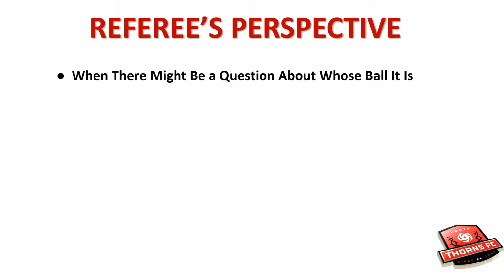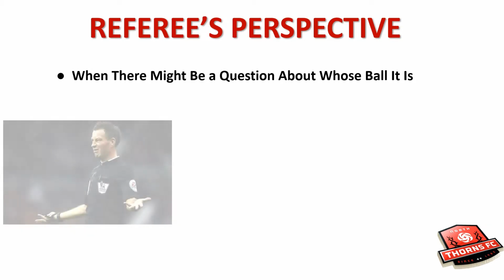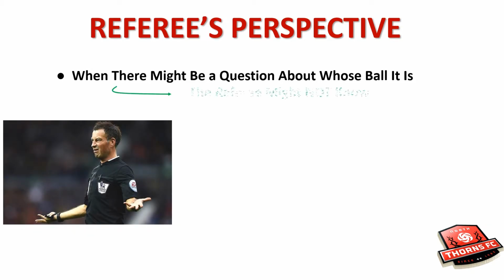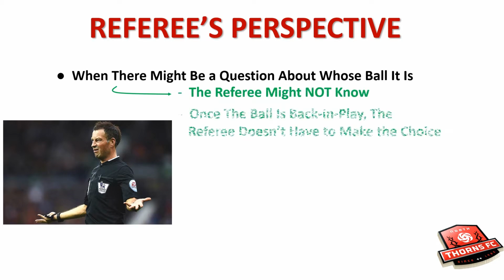Inevitably, during a soccer match, there's going to come a time when there's confusion or dispute on who kicked the ball out of play. Here are some suggestions on the following slides on how to handle that.